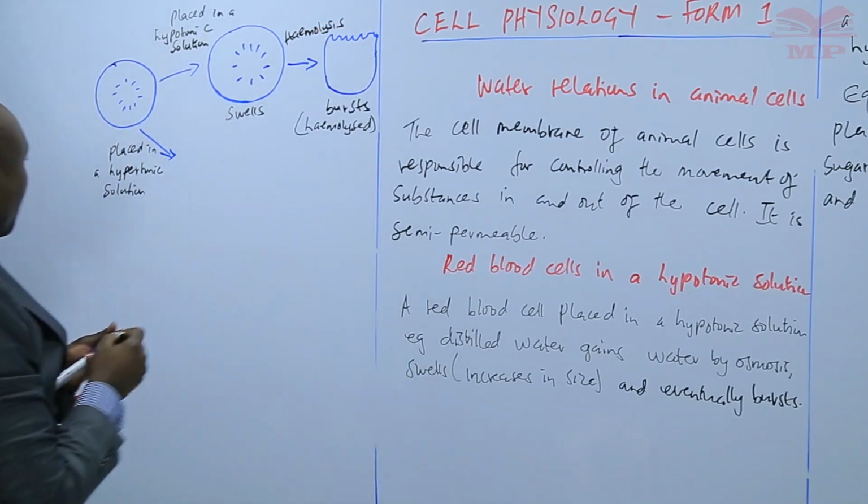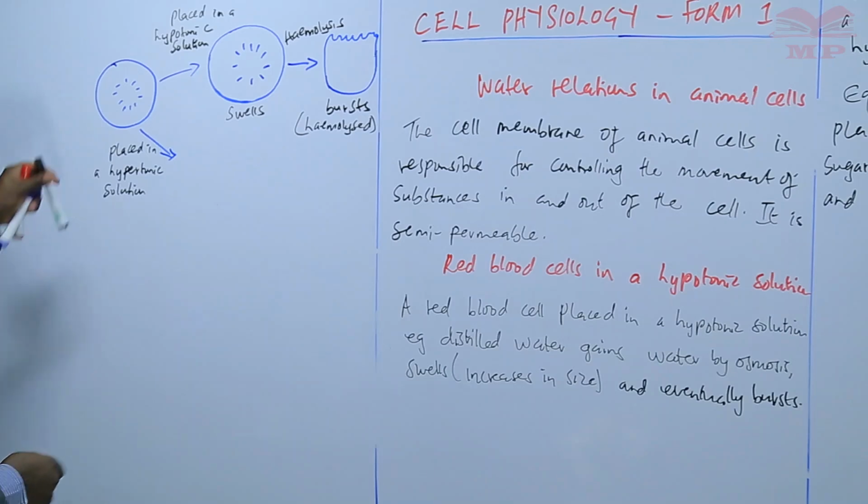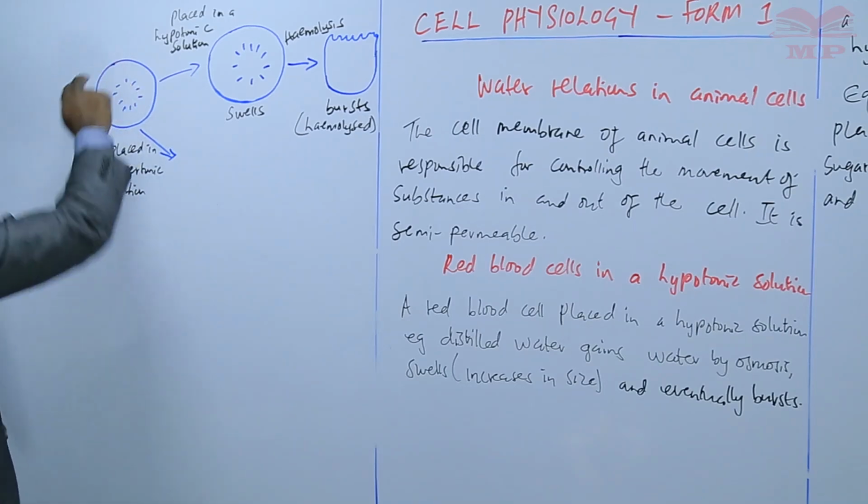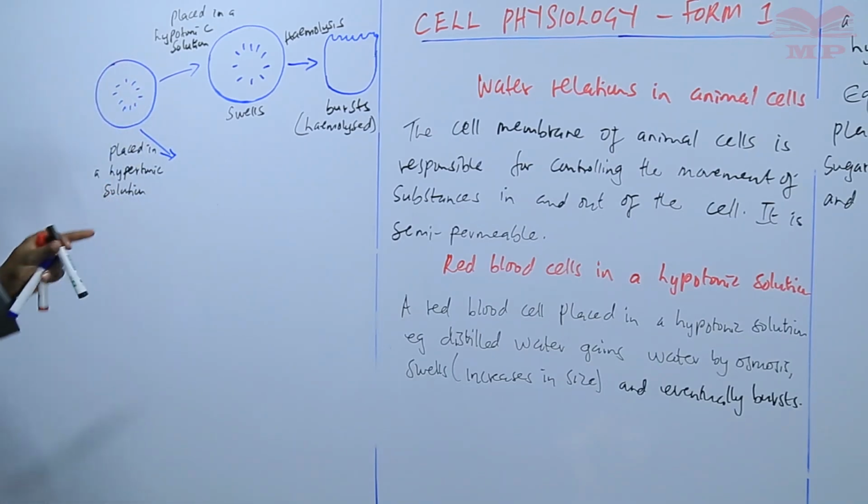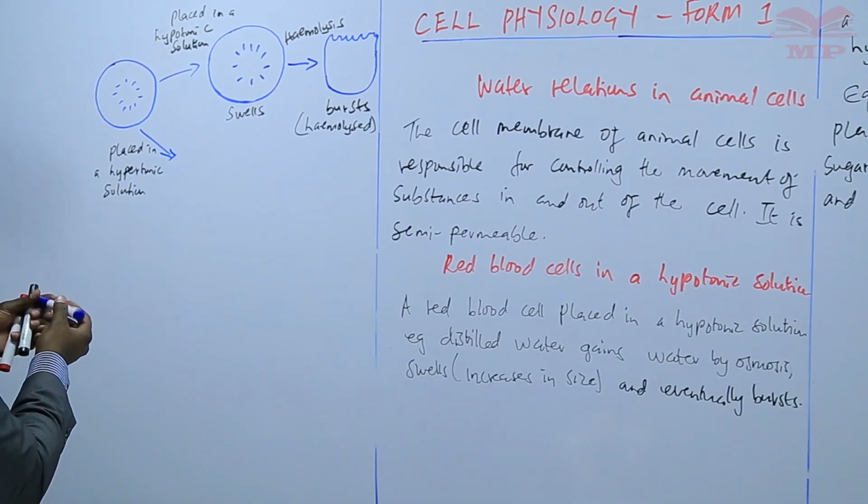On the other hand, if the same red blood cell is placed in a hypertonic solution, it tends to shrink.